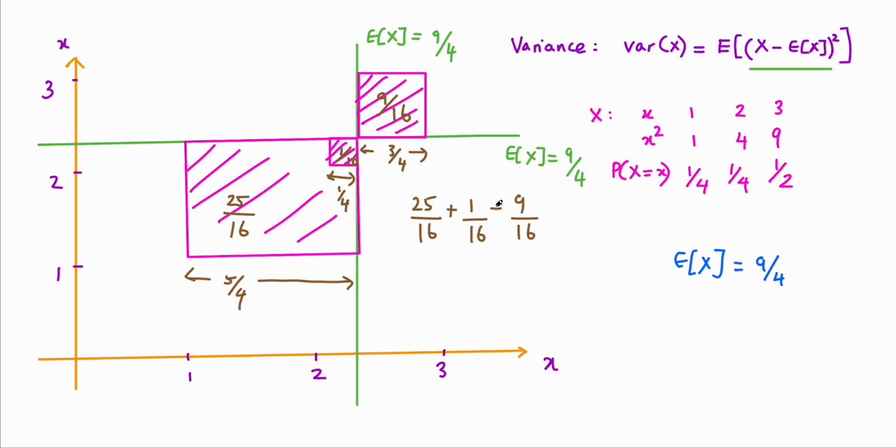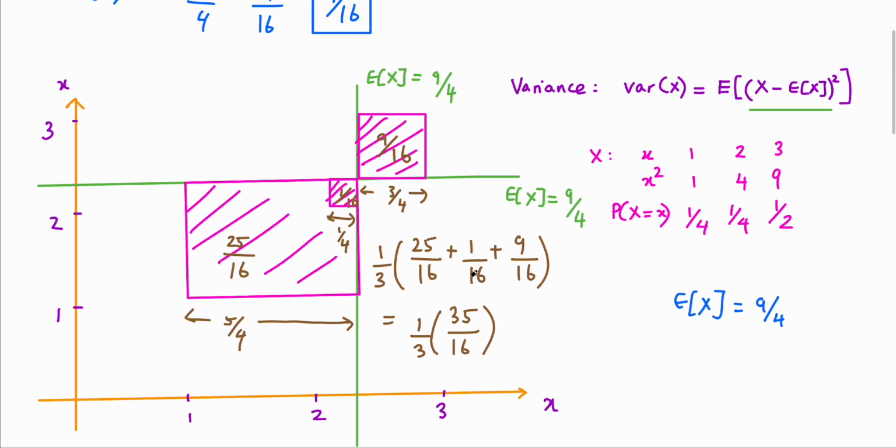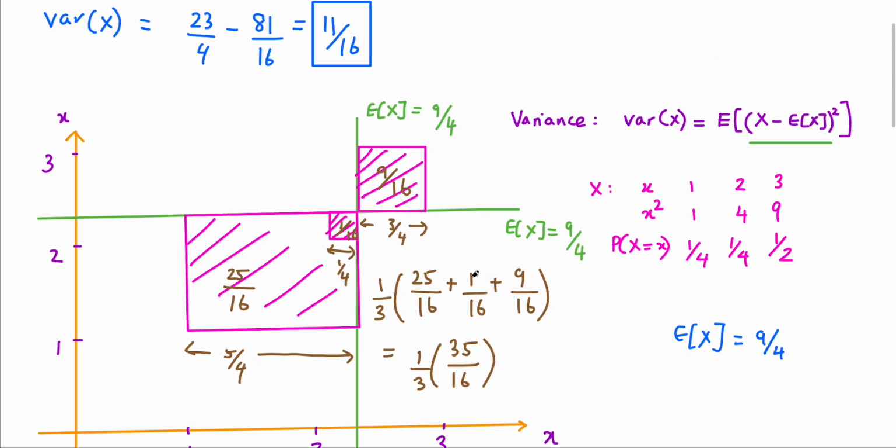So we just do 25 by 16, 1 by 16 plus 9 by 16, and it's a third of that. So it's the average of the area of the 3 squares. Is that correct? So that gives us 25 plus 1, 26 plus 9, 35 by 16, and then there's a 1/3, right? And does this match the number that we got earlier?